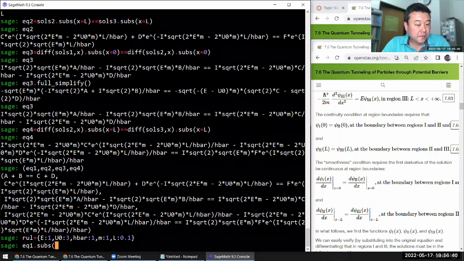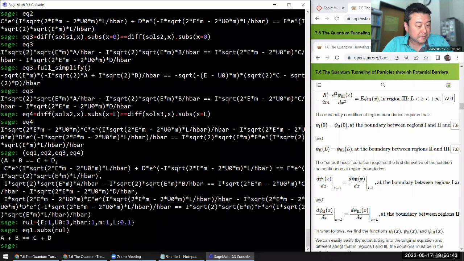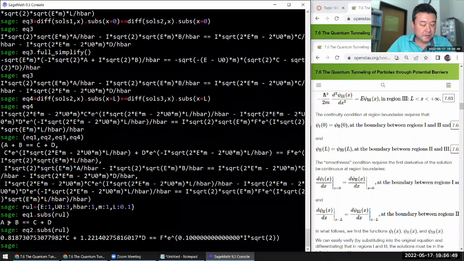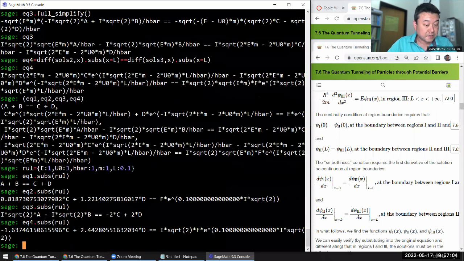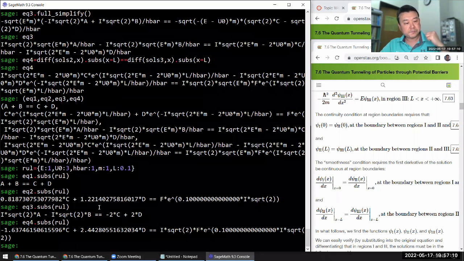So when I substitute in these parameters, each of these equations becomes an equation in these unknown quantities, the coefficients A, B, C, D. So I have 5 unknowns, A, B, C, D, and F. In order to make it tractable, because with 5 unknowns and 4 equations you can't solve it, the computer algebra system won't know what to do with it.